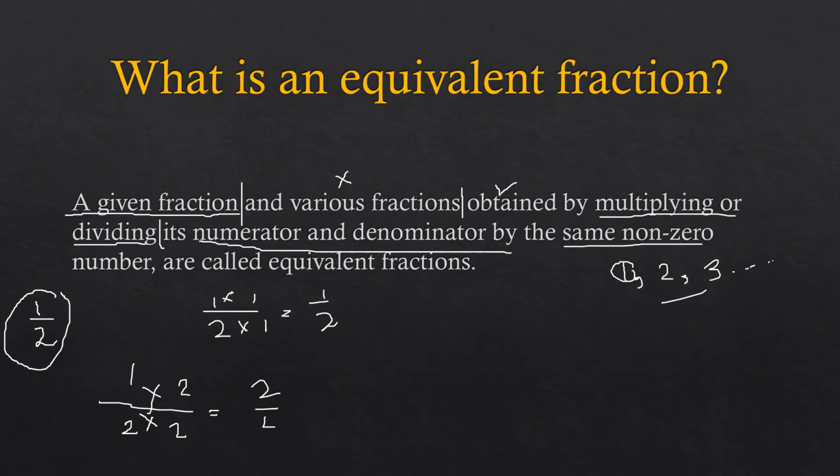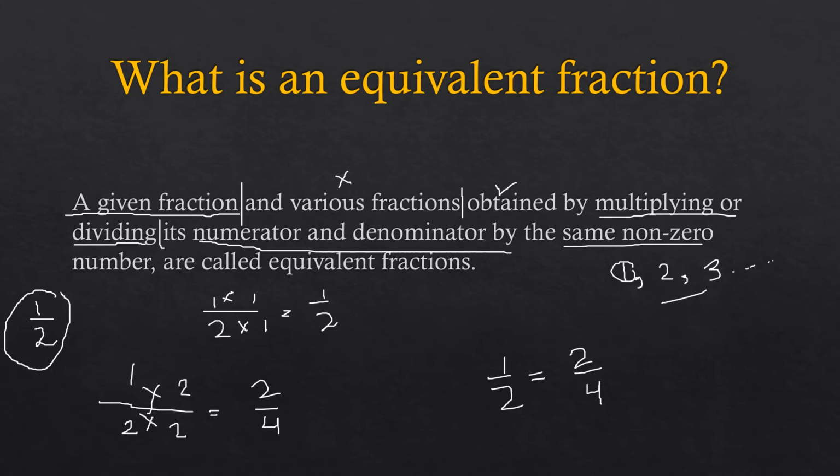This 2 by 4 is equal to 1 by 2. Why? Because when we divide 2 by 4 by 2, we again get 1 by 2. Hence, these are equivalent fractions, meaning 1 by 2 is equal to 2 by 4.